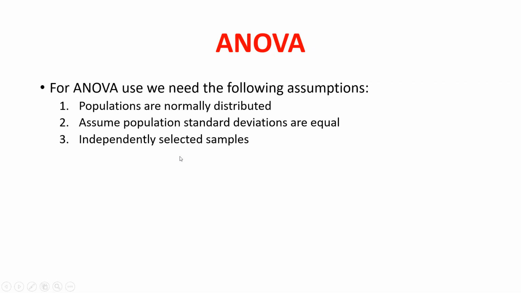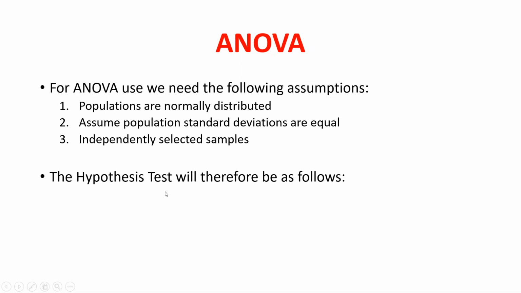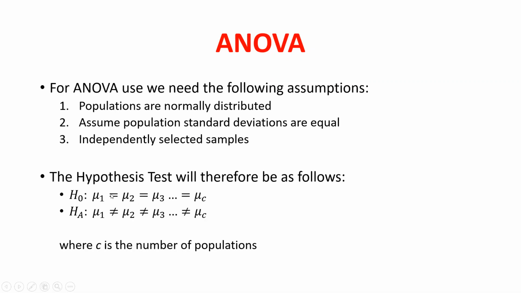And then, as always, we need independence from who's in each sample, right? Each observation needs to be independently selected from the others. And then we have these hypothesis tests, which essentially are, look at all these different population means. We're going to assume that for each group, the average income is the same, right? Because what we're really trying to test for is whether or not there are differences in these population means across these different groups, right?